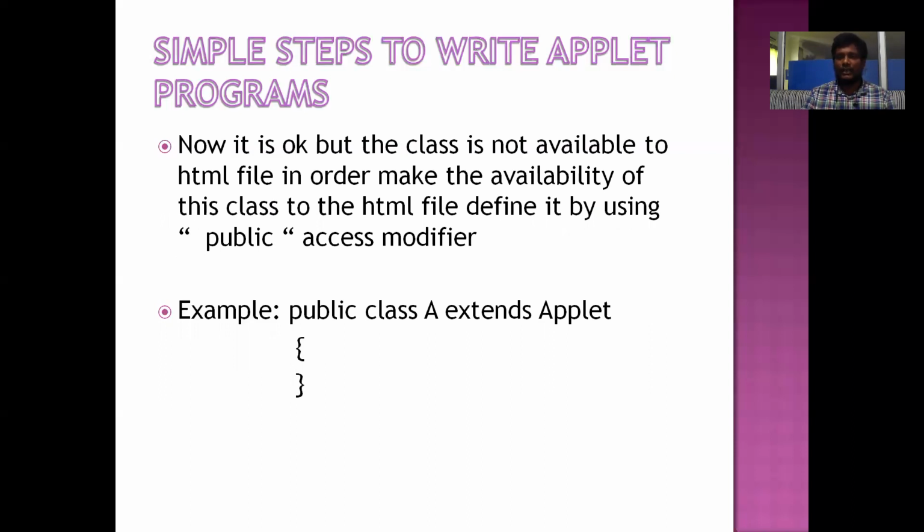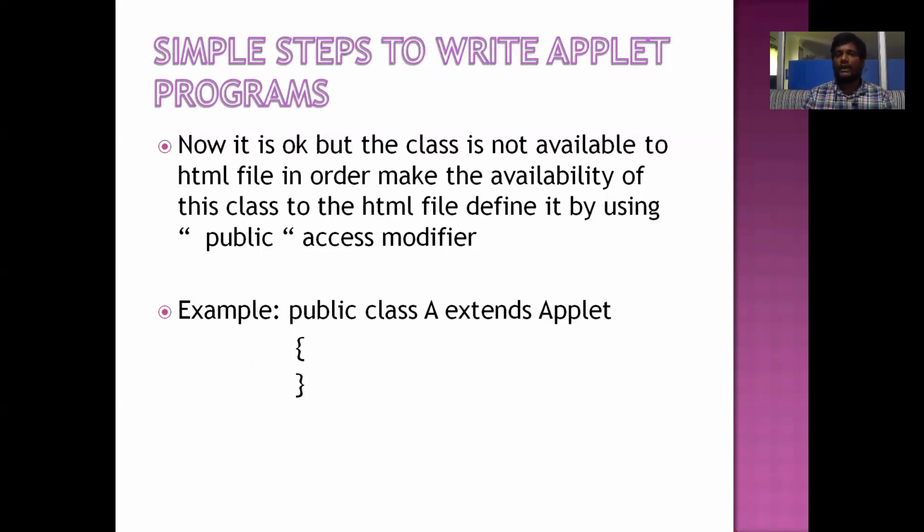As we mentioned in the previous session, while we are dealing with applet programs, there are two files, a .java file and an .html file. So we have to provide our Java file to the HTML file. After writing the Java file, we compile it, and it is converted into a .class file.